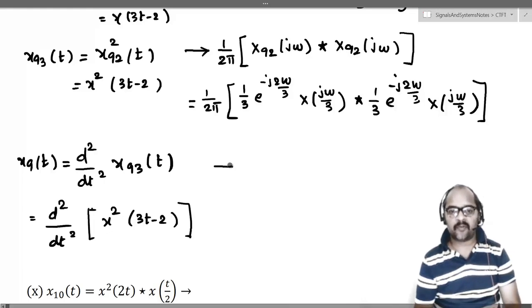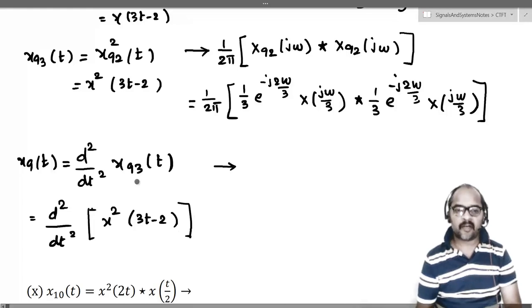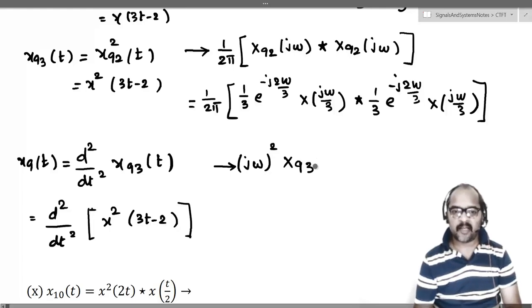What will be the Fourier transform of this? For d square by dt square of x93 of t, because you are differentiating twice in the time domain, in the frequency domain you will get j omega whole square multiplied with x93 of j omega.